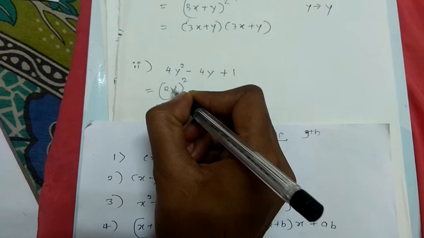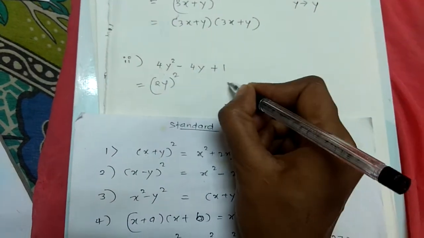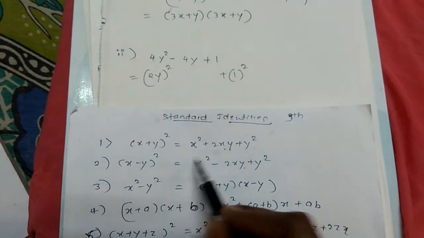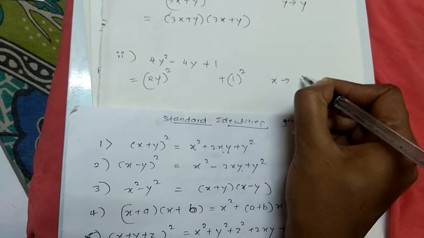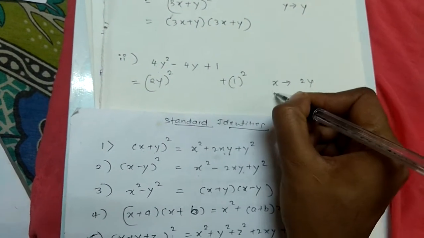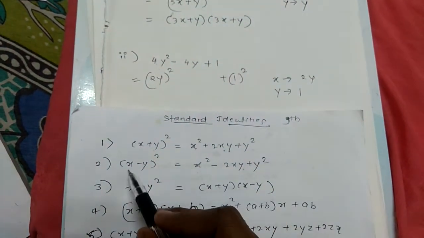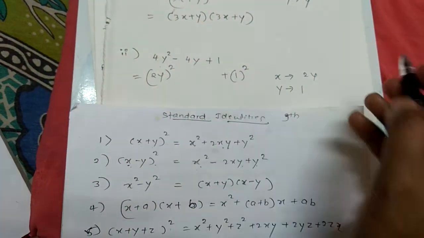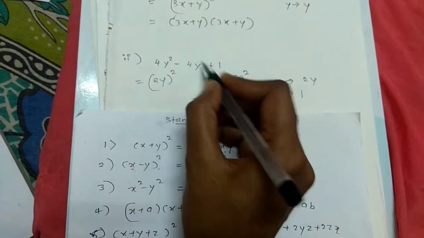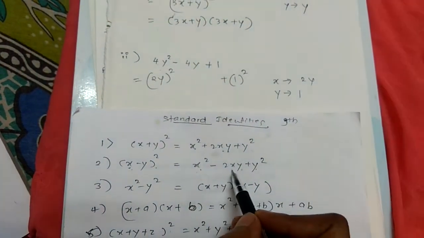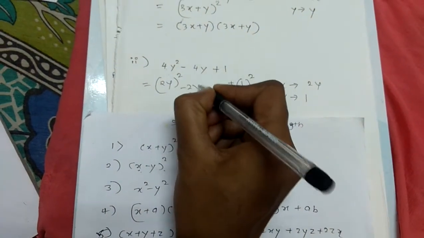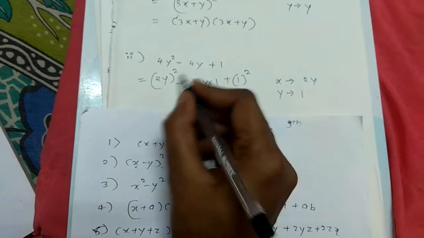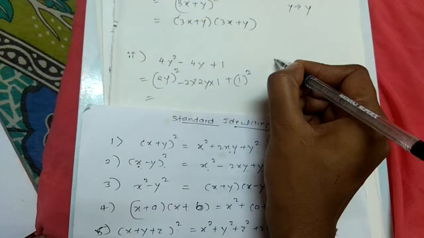Remember, write whole square, don't write 2y square, that is wrong. And 1 we can write in square form as 1 square. So our x is 2y and y is 1. Write the middle term in this form, minus 2xy: minus 2 into x, our 2y, and y is 1. So the multiplication is minus 4y. So this is our second identity.